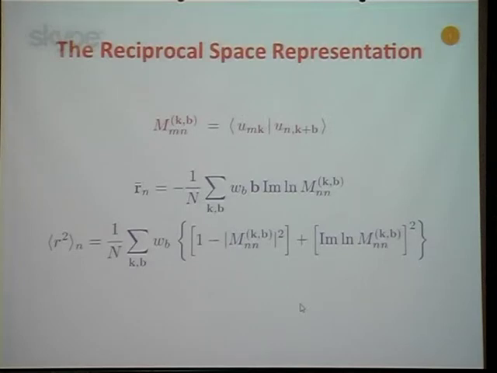So this matrix M, as you see that I've just defined, is really, at every k point on a regular mesh in reciprocal space, the scalar product of the periodic part of the Bloch wave function at that k point for that band, and at a neighboring k point, k plus b, at any other band that I want to calculate.